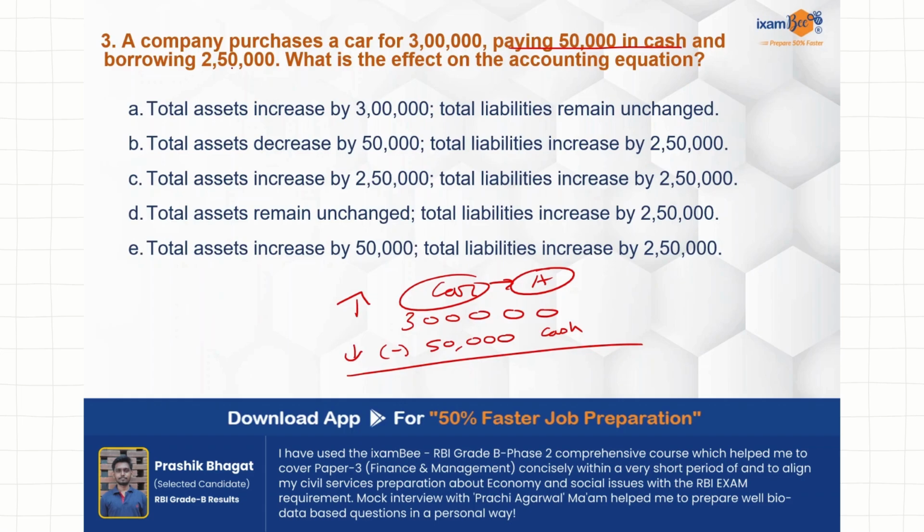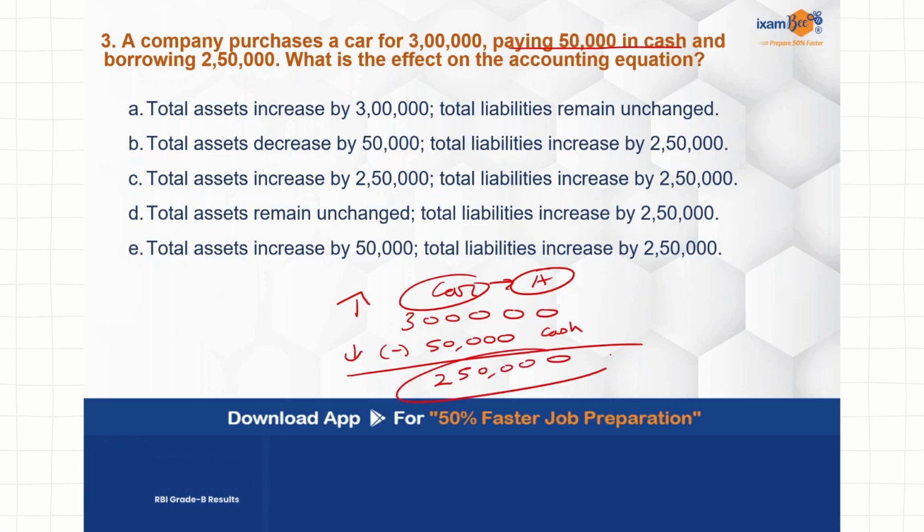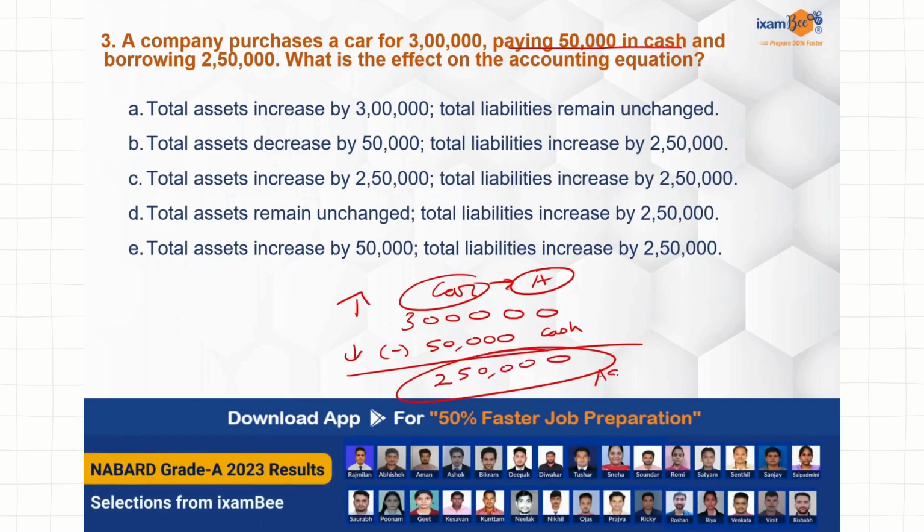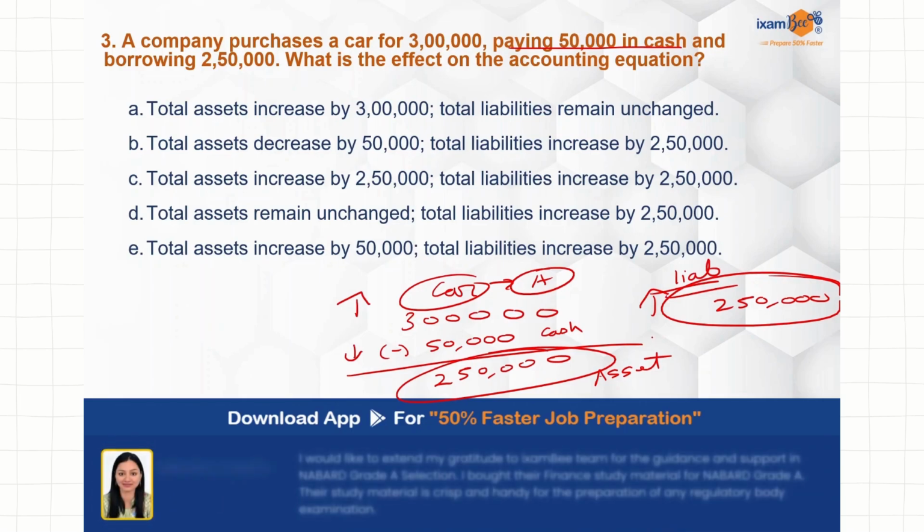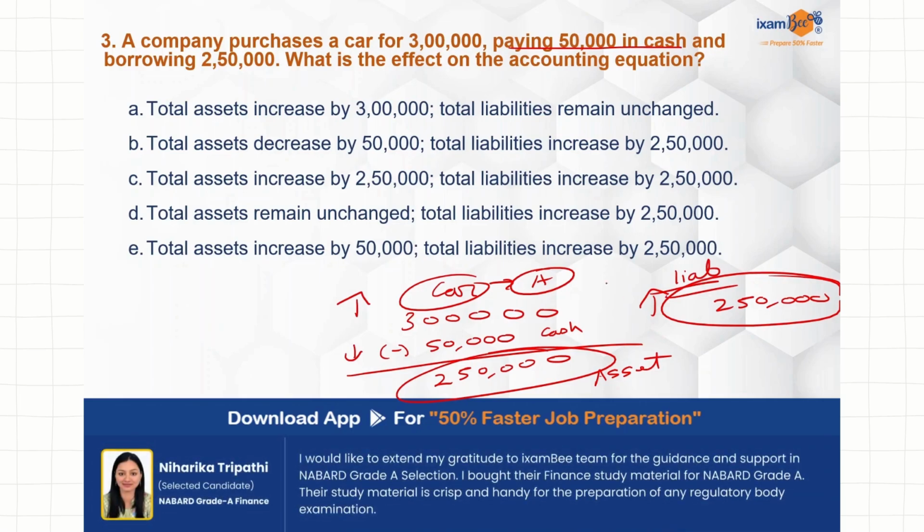By paying 50,000 in cash, for the rest, 2,50,000, we took a loan. So here I can see there is a 2,50,000 net increment in my asset column and a corresponding increase in my liability because I have taken a loan of 2,50,000.